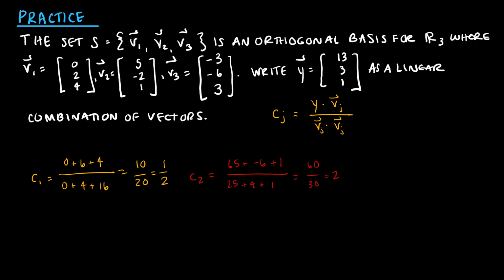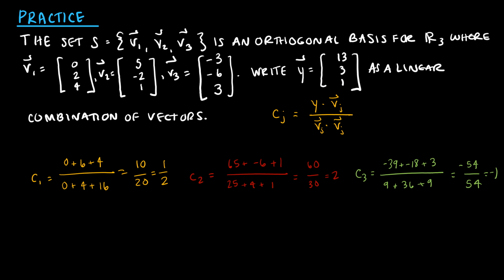And then for my last one, C3, I've got y dot v3, so negative 39 plus negative 18 plus 3 over v3 with itself, so 9 plus 36 plus 9. And that gives me negative 54 over 54, which is, of course, just negative 1.